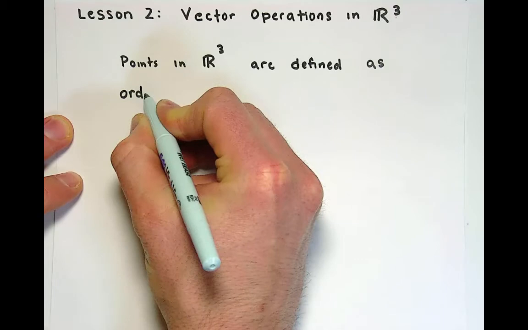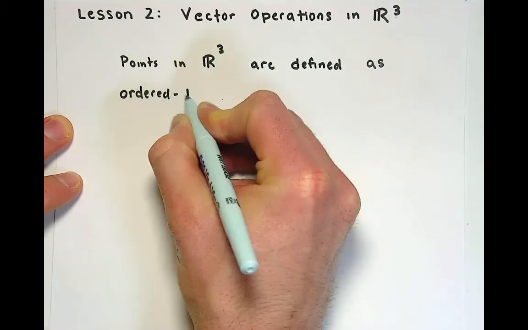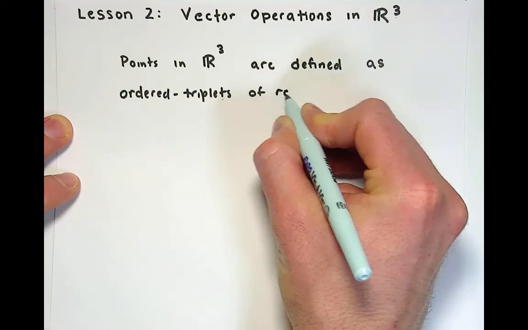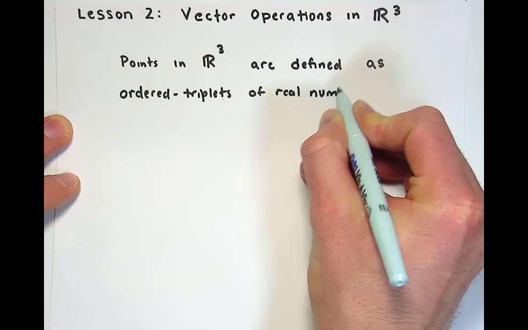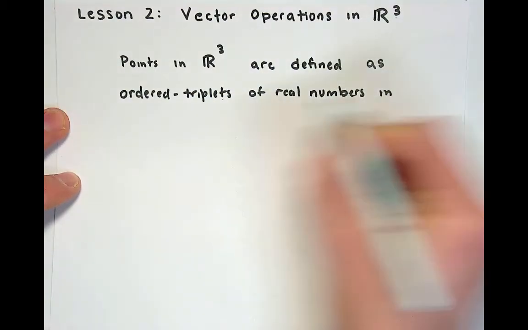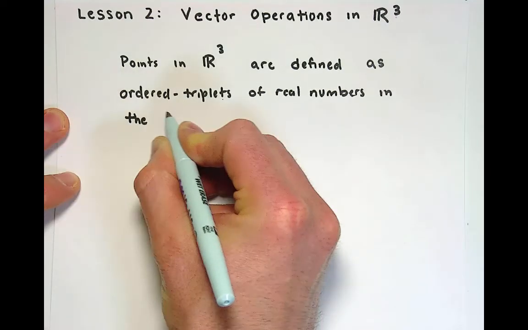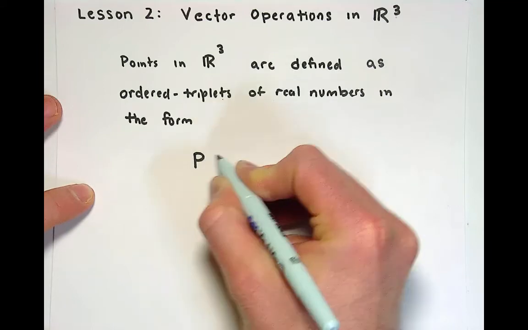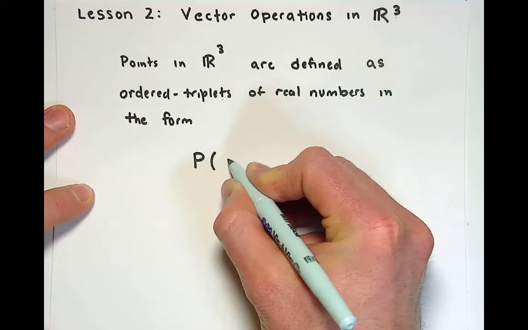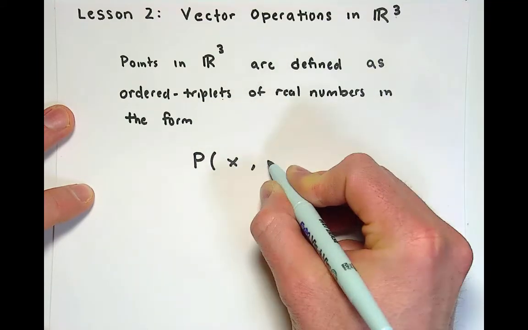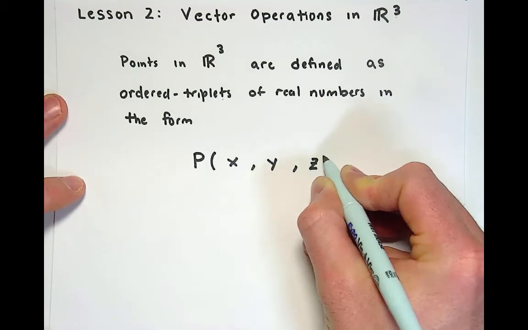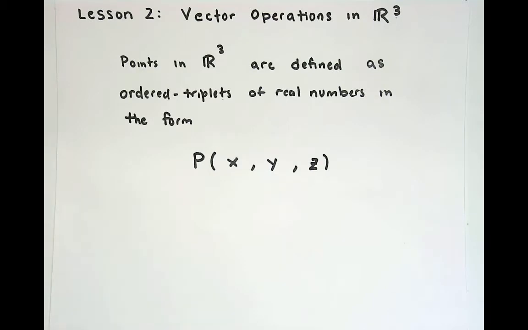They're defined as ordered triplets of real numbers in the form: we give the point a name, and then we have 3 coordinate values for the point.